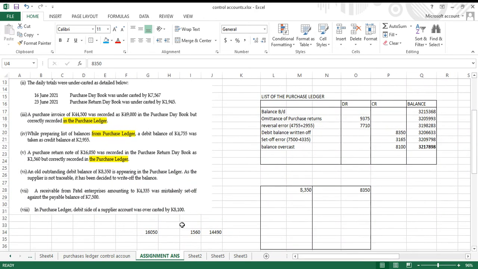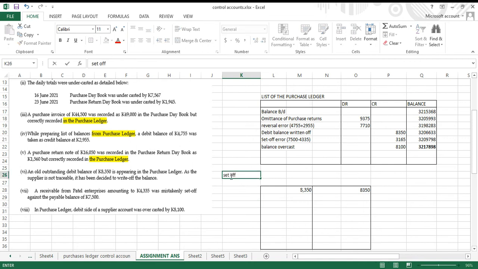We've got the next one. A receivable from Patel Enterprises amounting to 4,335 was mistakenly set off against a payable of 7,500. So this receivable was mistakenly set off. Let's find out the set off which was given to the receivable.